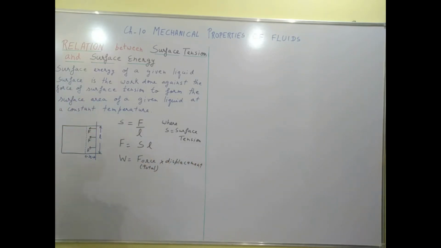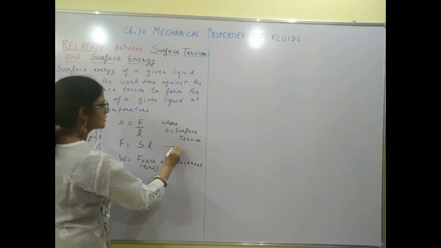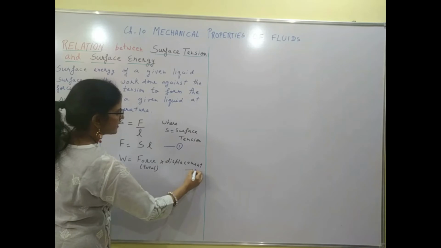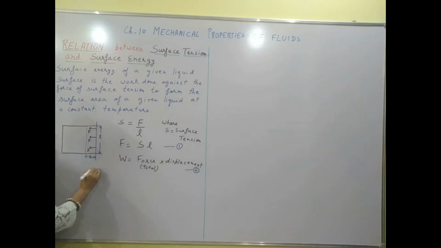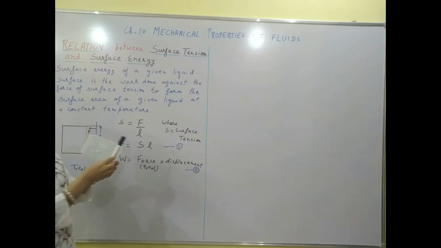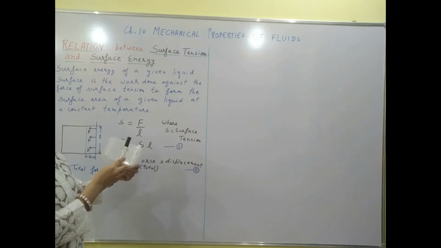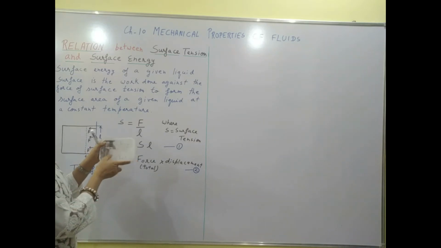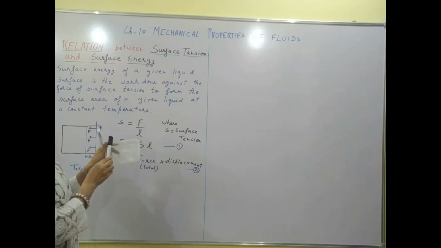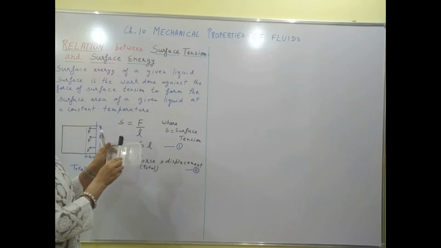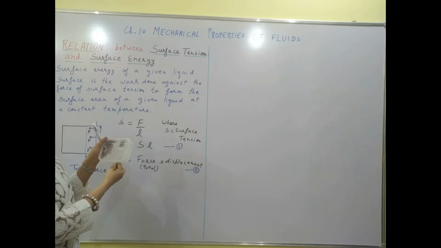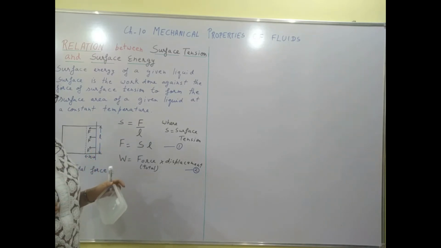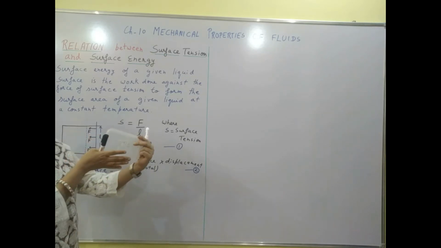Right? Here we need to understand that if I consider this as equation 1, this as equation 2, then F, the total force, will be on both sides of the film. On this side, if your movable arm is like this, this will be force per unit length, and on the other side of the film also this will be force acting per unit length. The force per unit length is the surface tension. So if I want to find the total force, it will be twice, one for this surface and one for the other surface.